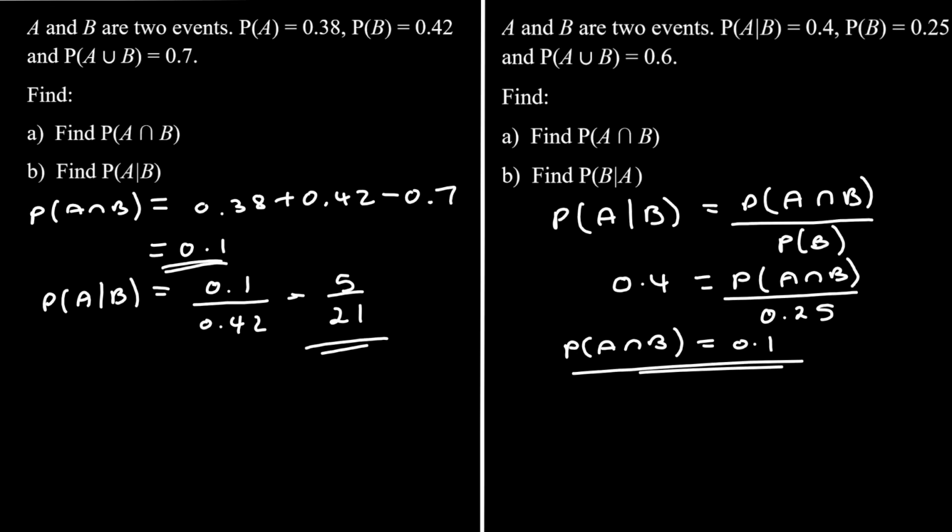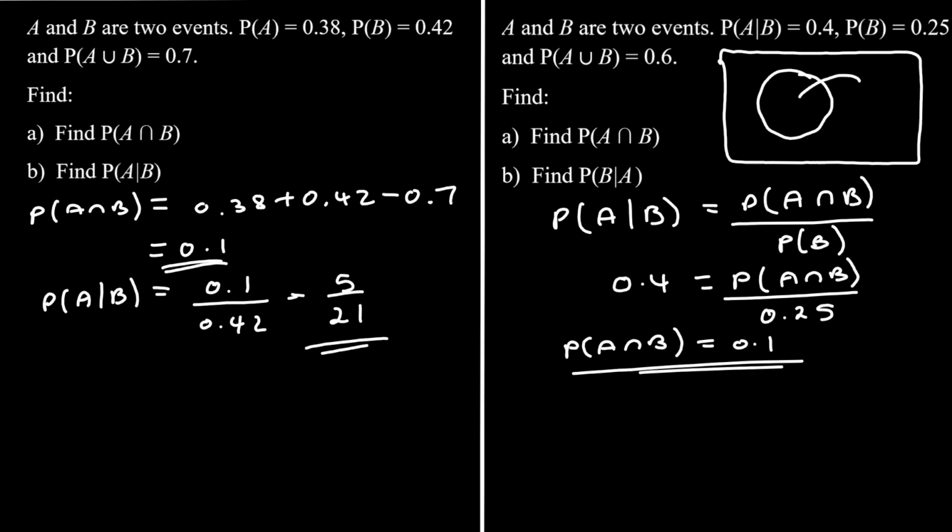We want the probability of B given A. Now, we don't actually have the probability of A. It's sometimes useful to sketch a Venn diagram. So what do we know? The intersection is 0.1.